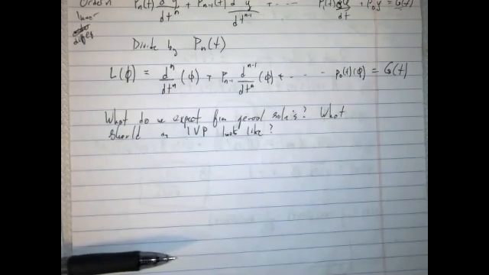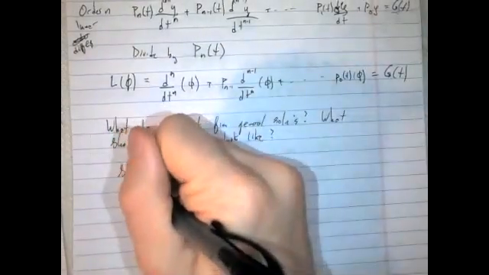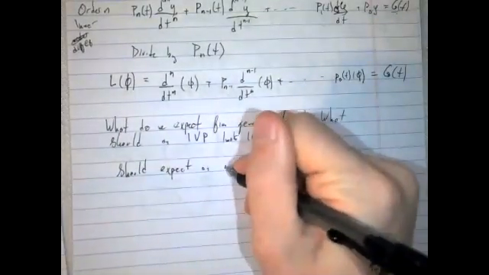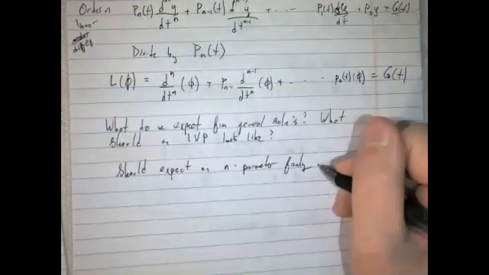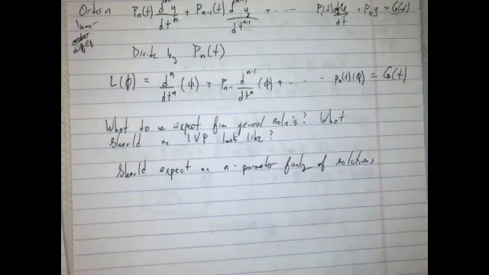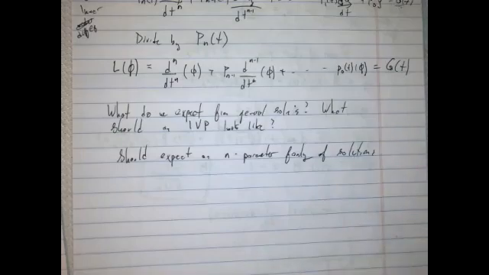N minus 1. Or n, actually. Yeah, I think we should expect n. Should expect an n parameter family of solutions. And what about IVPs? How much data should you have to specify in order to specify a unique solution? Data for all of the y's up to the n minus 1 derivative. Yeah, we should expect up to n minus 1 derivatives of data.